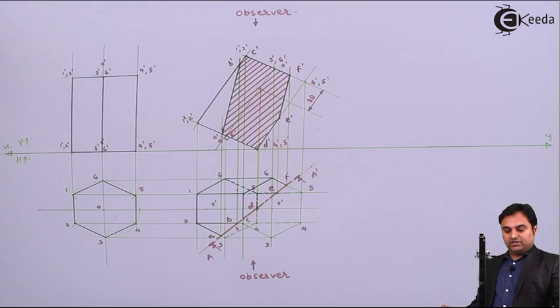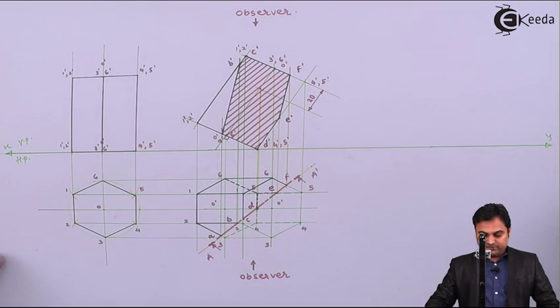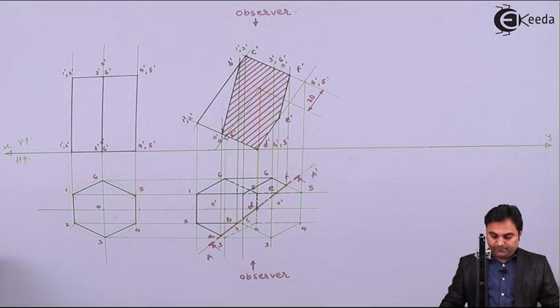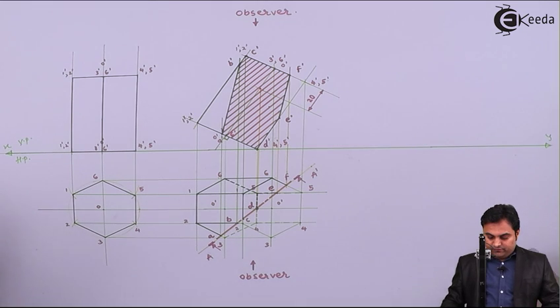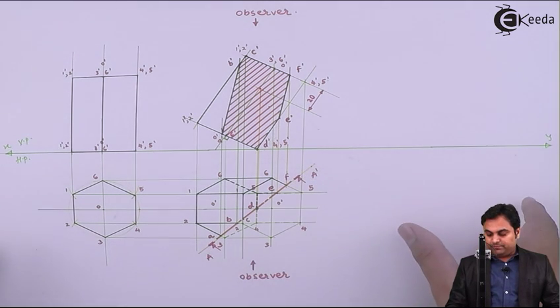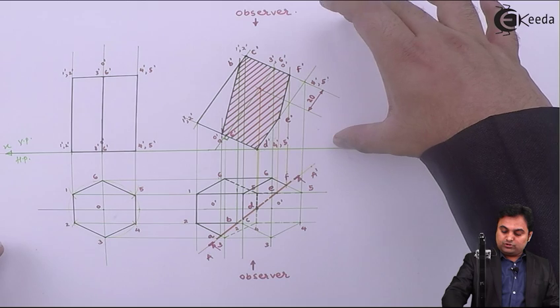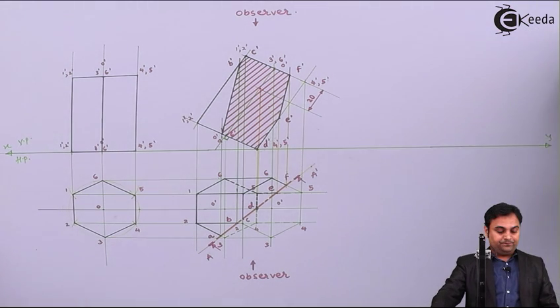So this is the sectional front view of this hexagonal prism which is cut. Next, after getting this, I'll plot the true shape of the section. For that, I will have to make this cutting plane parallel to XY line, and the true shape of the section will be in VP.